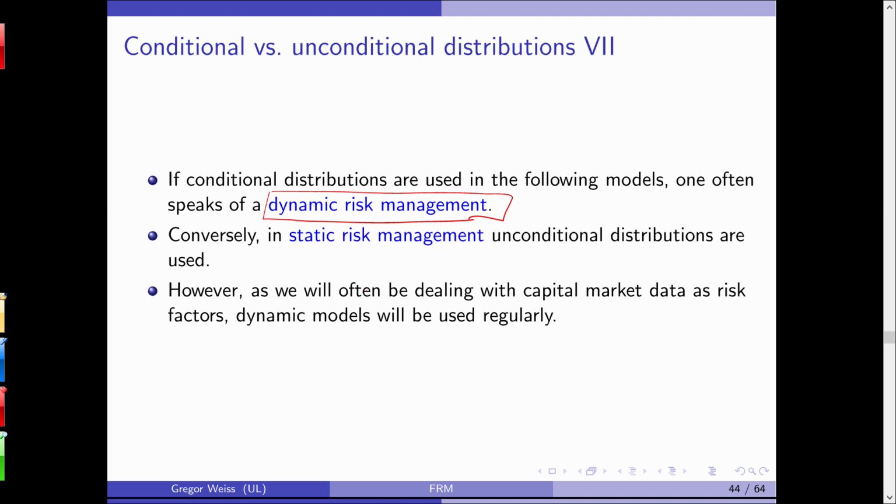They will just talk about dynamic models. Why dynamic? Because they are able to model the dynamic behavior of a return series over time. So if you ever see a dynamic model of credit derivatives prices, a dynamic model of default probabilities, you know it's a conditional model. Okay.